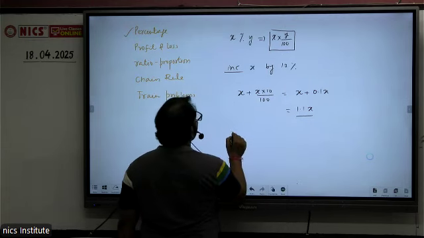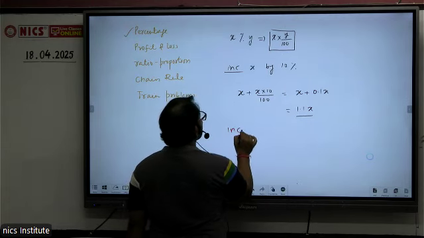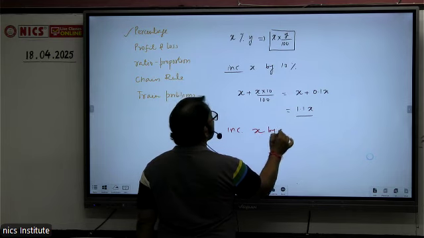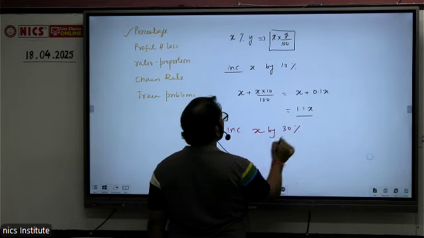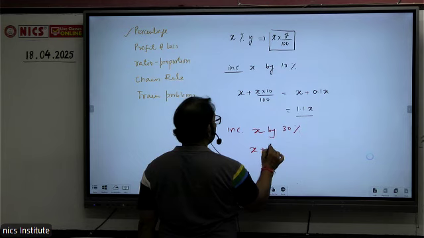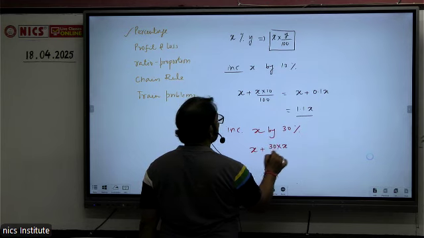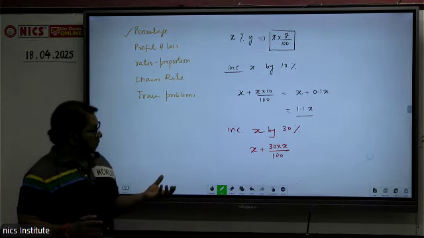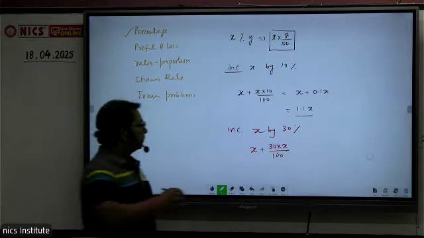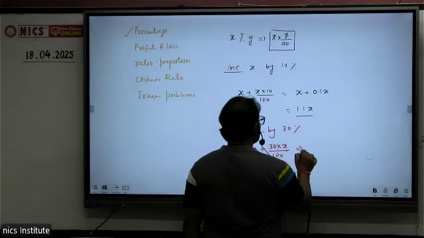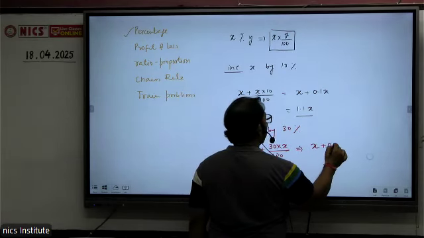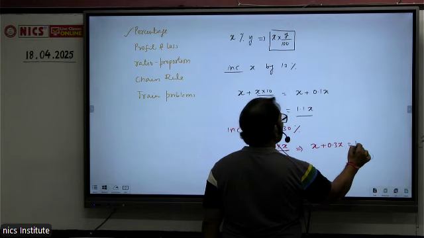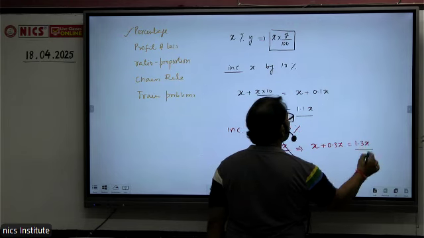Suppose I want to increase x by 30%. So I need to add 30% of x with original value of x. So otherwise, this would be x plus 0.3 into x, which is 1.3x.